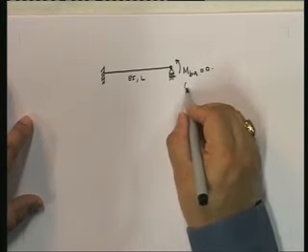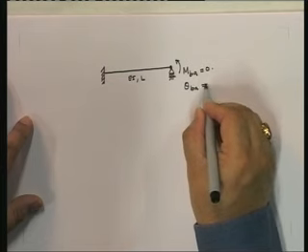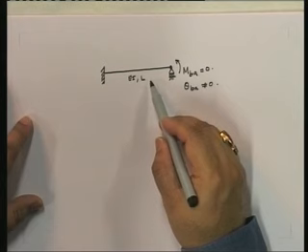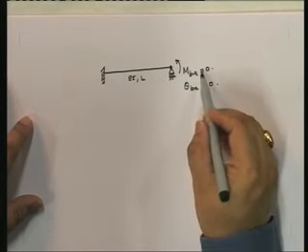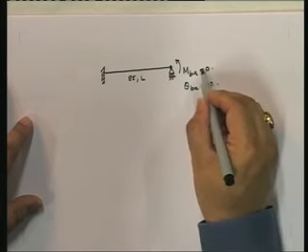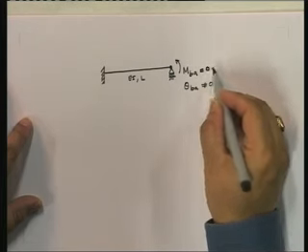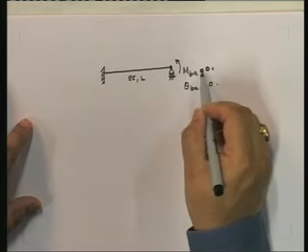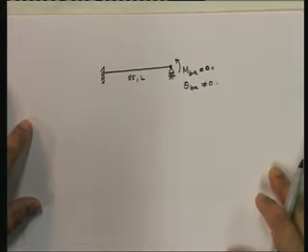Note that theta BA is not equal to 0. Rotation can occur, but MBA cannot be non-zero, because at the end hinge you know that MBA is equal to 0.